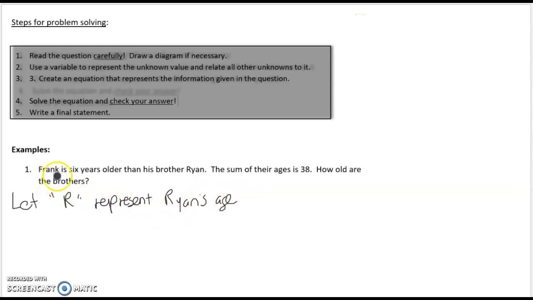And then we're going to let R plus 6, because they said Frank is 6 years older than Ryan. Okay, so Ryan plus 6 represents Frank's age.